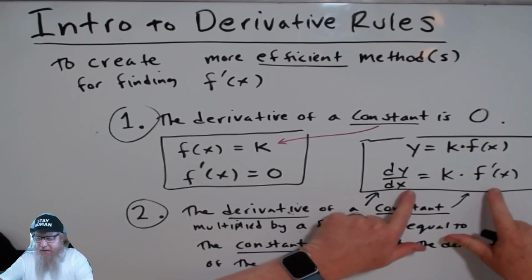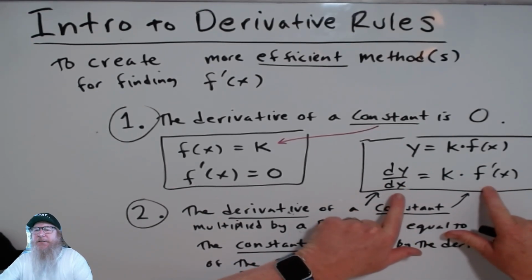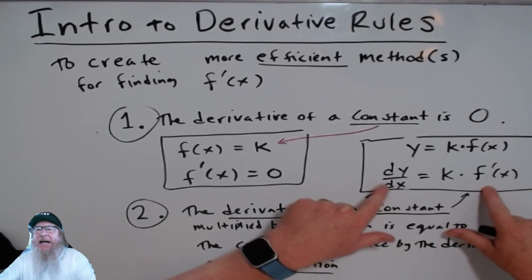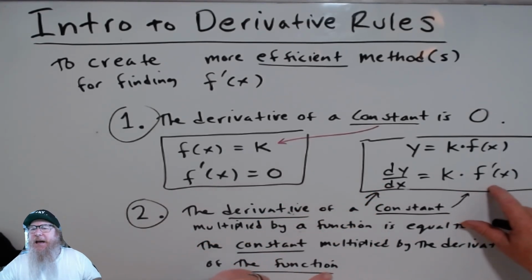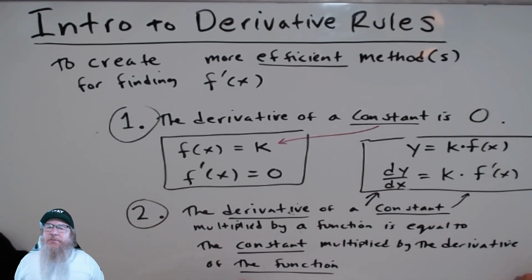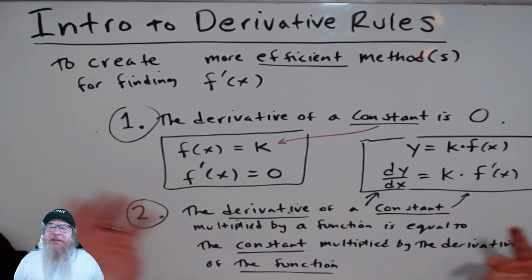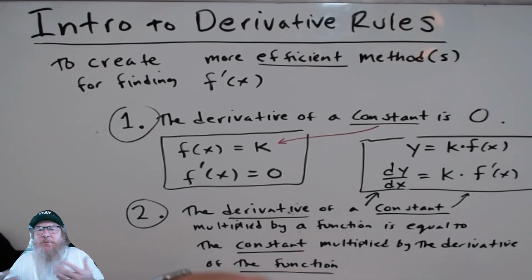I'm also using two different notations. The dy dx is known as Leibniz notation, and then the f prime of x is Newton's notation. I don't have time in this lesson to give a history of the calculus, but there are two sort of competing viewpoints and how they went down in the text, and how we still use both of the different notations to this very day.